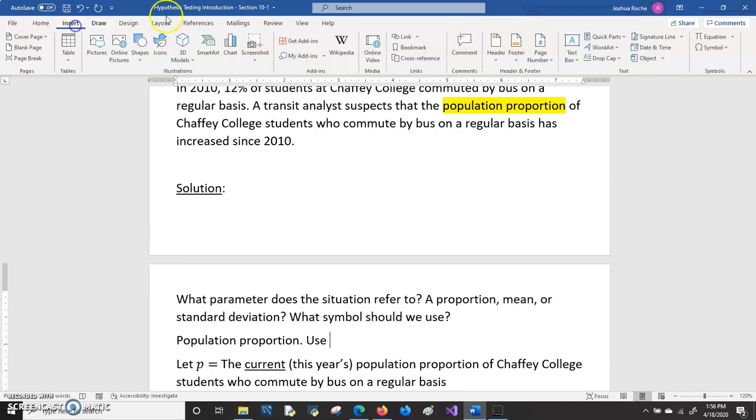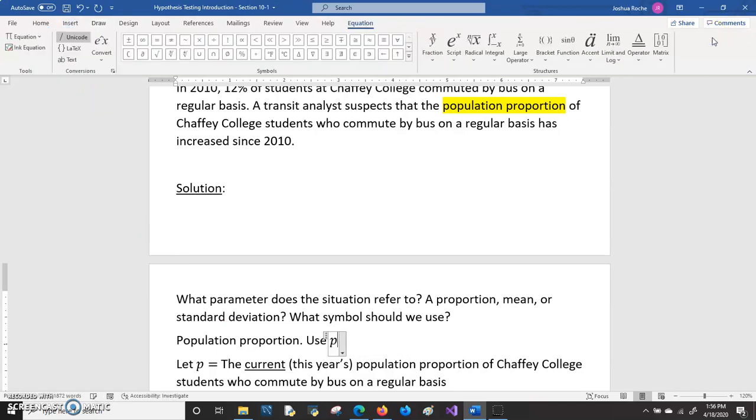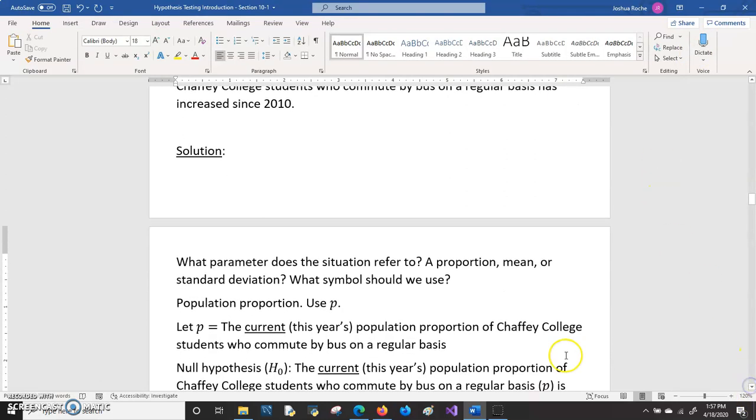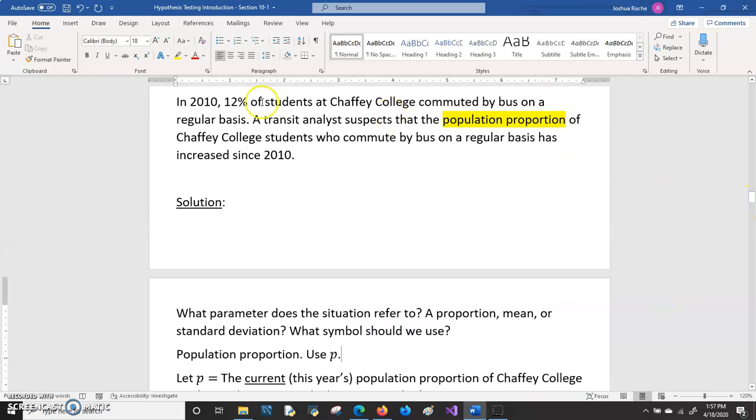For that, we'll use the symbol P. Let's define what P actually will represent. P is going to represent the unknown in the problem. What is known is the proportion in 2010. So there's no need to give a symbol for that. We know it's 12%. But what's unknown is the proportion today.